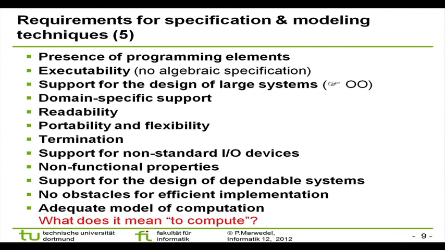The requirements for specification and modeling techniques are, now this one I have not discussed in detail, presence of programming elements. By that I should be able to express the behavior. I have said that there should be some state, and a state has a behavior, but I must be able to specify what is done there.